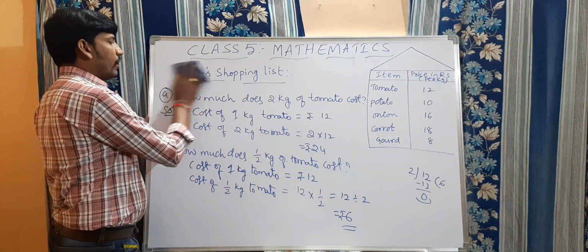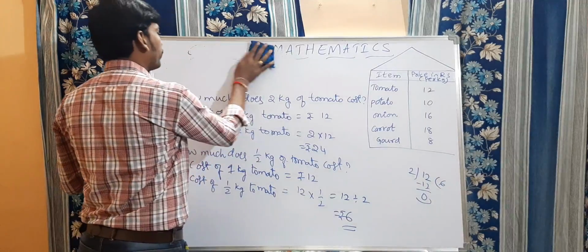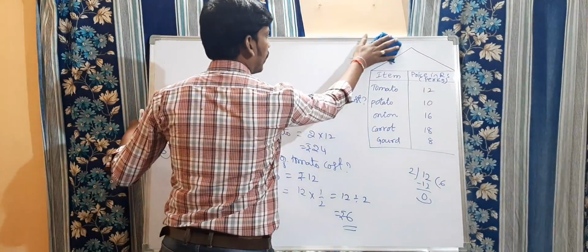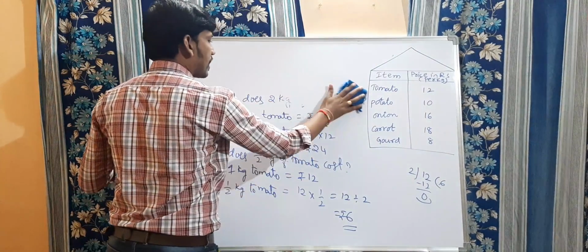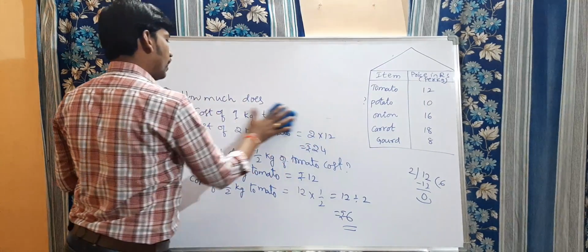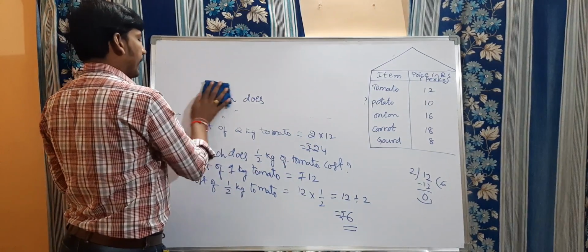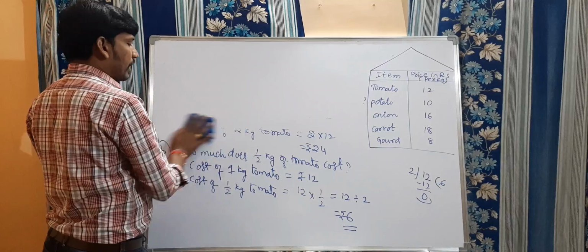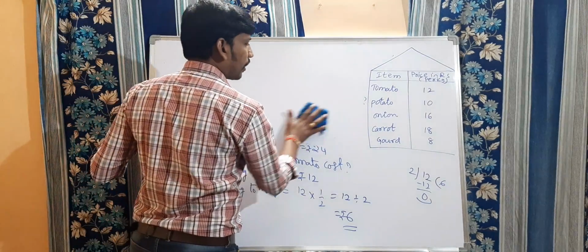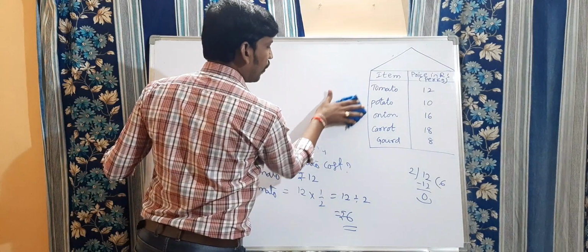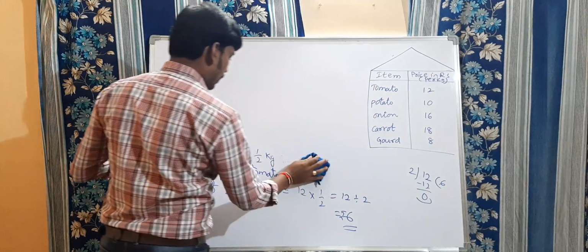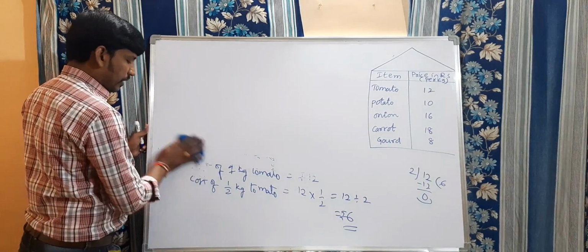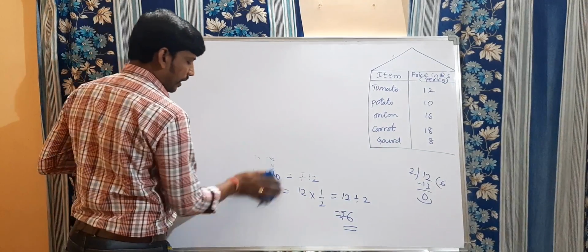Right. So now let us find out the part about potatoes. How much does 3.5 kg of potatoes cost? Now see the list here. What is the cost of 1 kg potatoes? Yes, it is 10 rupees. Now they are asking for 3.5 kg.